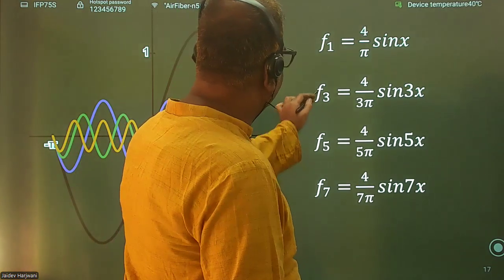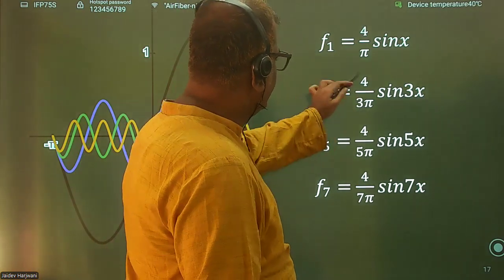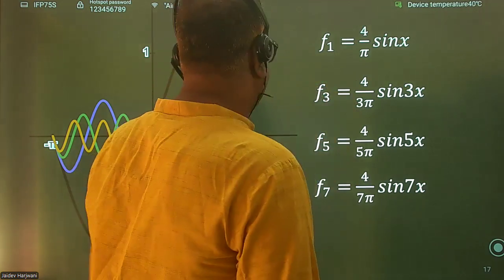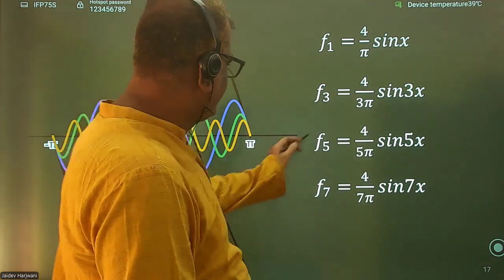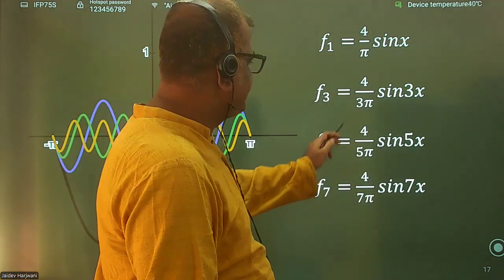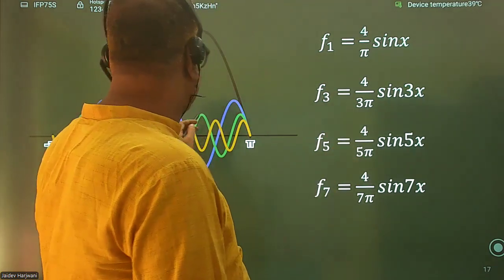And f3 has the amplitude 4 by 3 pi, and this is shown here by violet color. And for the fifth harmonic, you see the amplitude is decreasing, sin 5x, shown by green.